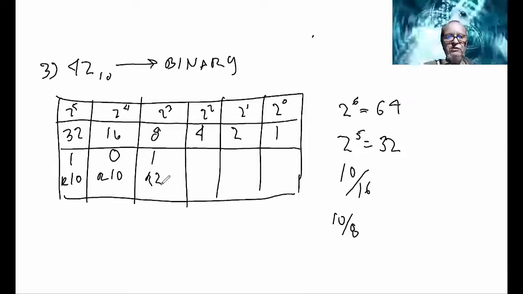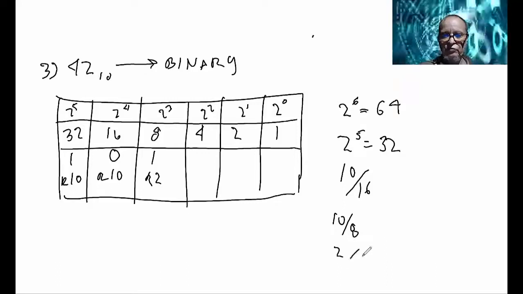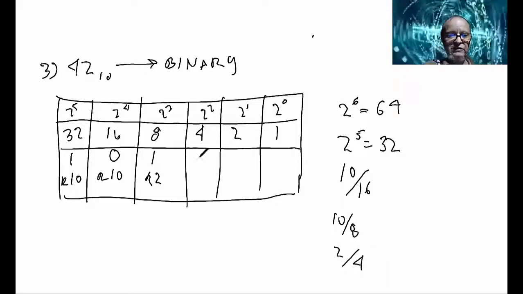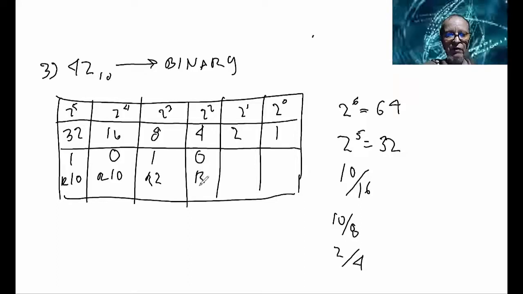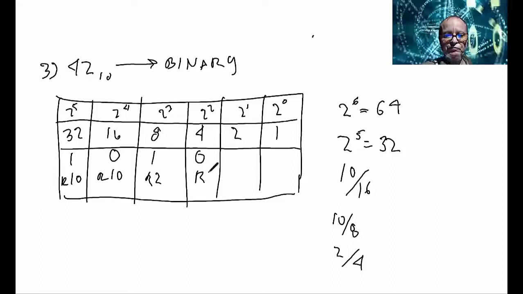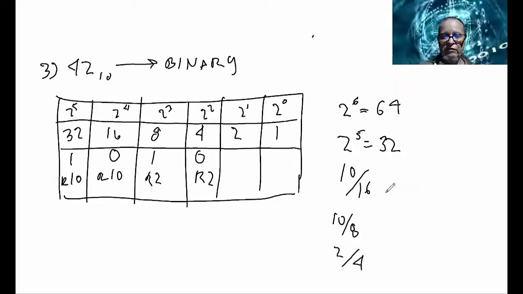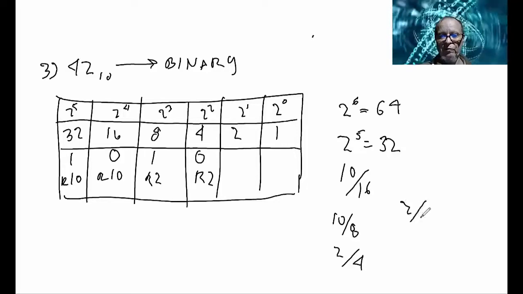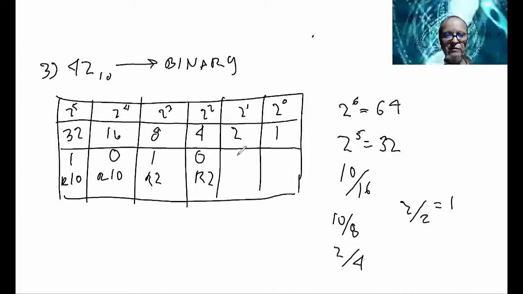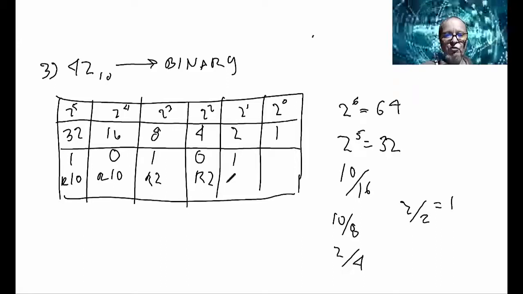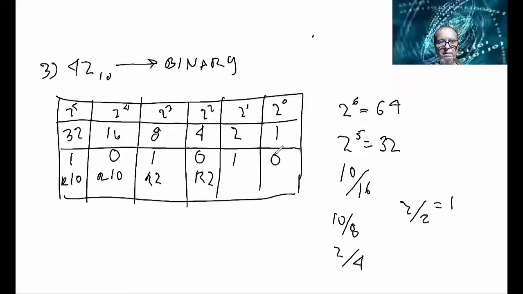So now we take the 2, and 2 divided by 4 is 0. So we just carry over the remainder of 2. Then we have 2, and 2 divided by 2 is equal to 1. So that means we have a 1, and there's no remainder, so this last one is 0.